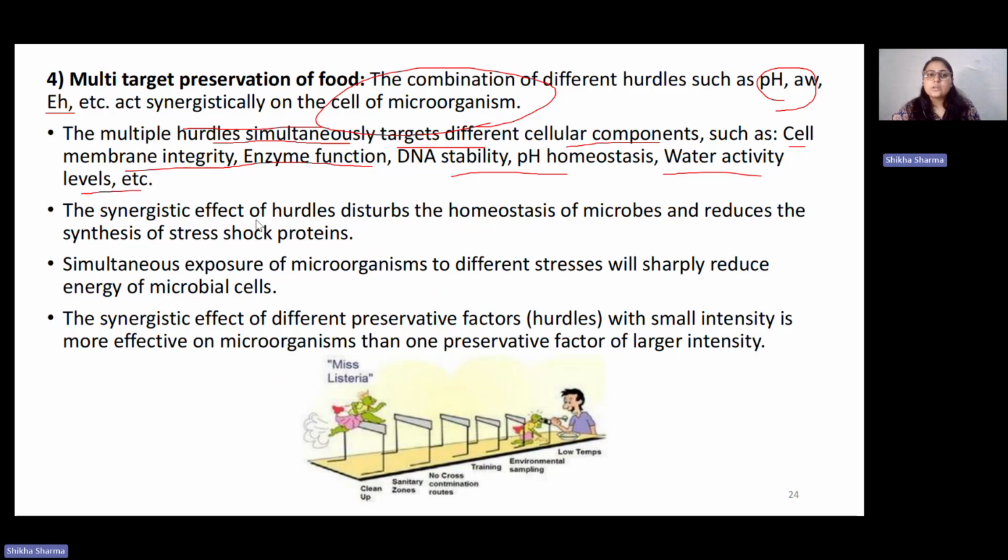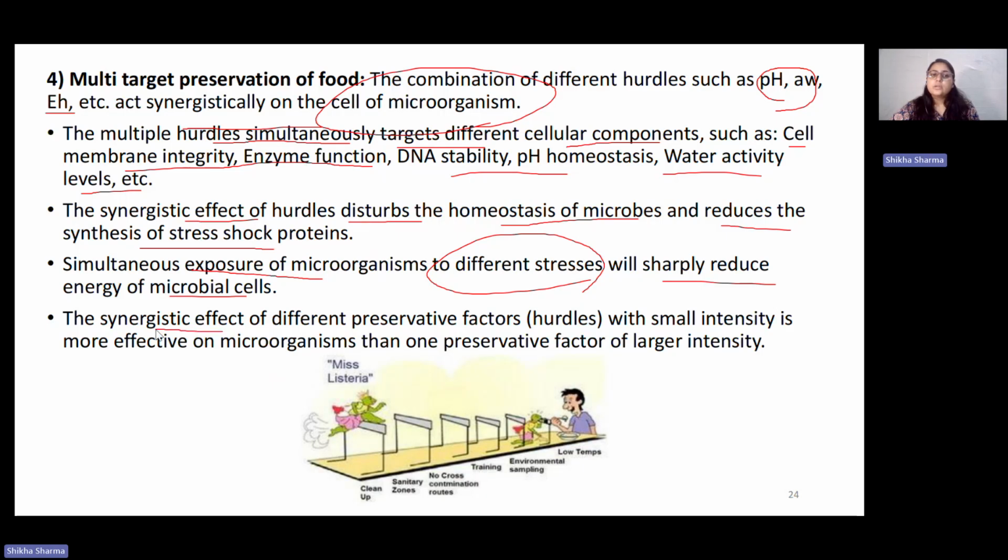The synergistic level of the hurdles disturbs the homeostasis of the microorganisms and reduces the synthesis of the stress shock proteins. Simultaneous exposure of the microorganism to these different stresses will sharply reduce the energy of the microbial cell.